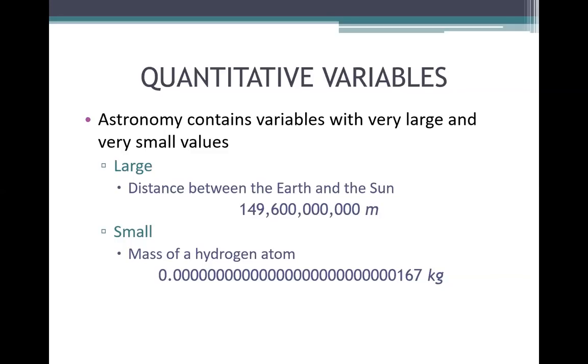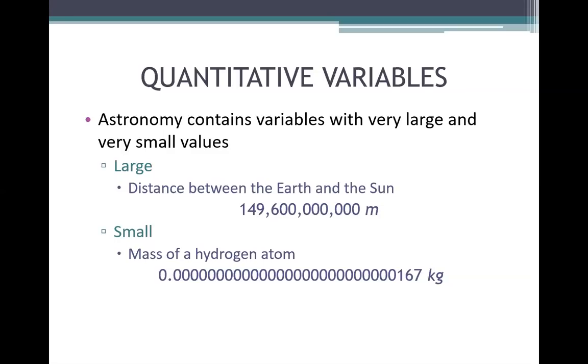Okay, so metric prefixes help, but it turns out that for the mass of the hydrogen atom, look how many zeros are to the right of that decimal place before we get to the first non-zero digit, the 1 in this case. It's a lot of zeros. And we're already using metric prefixes in this unit for mass, so using a different metric prefix isn't going to help that much.